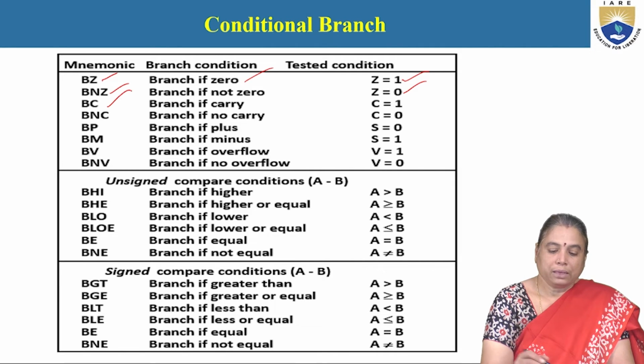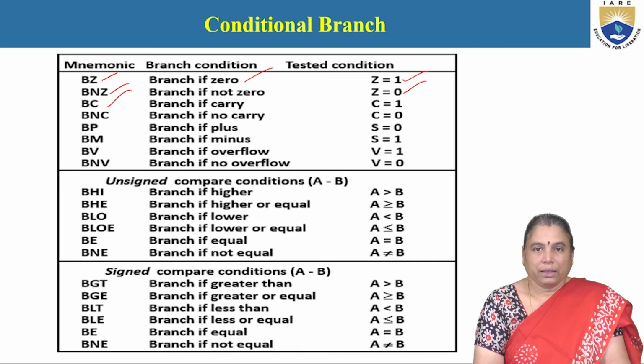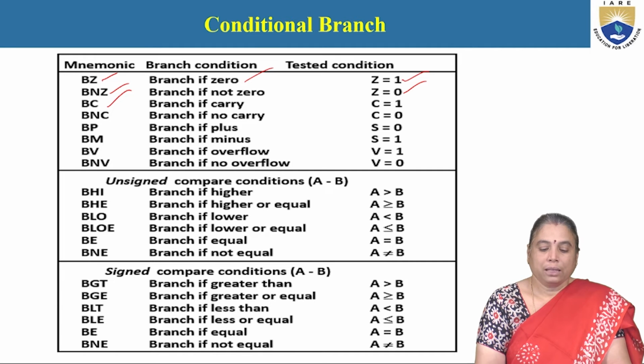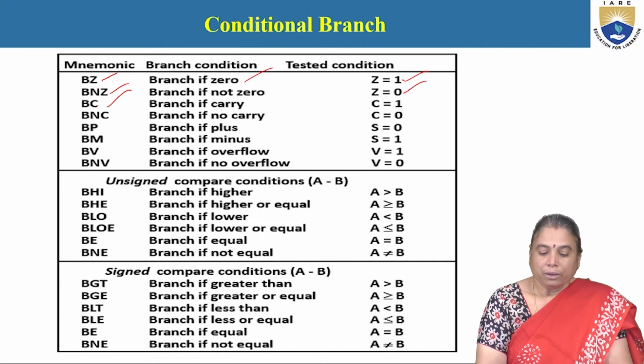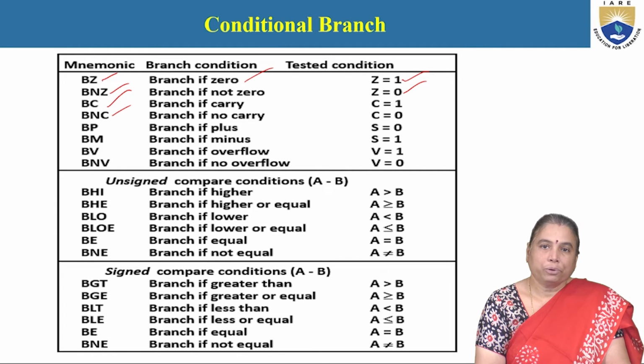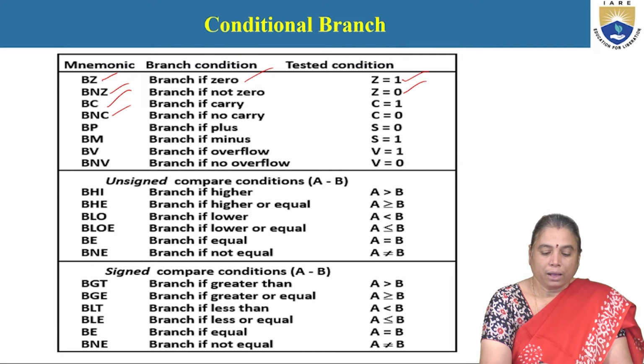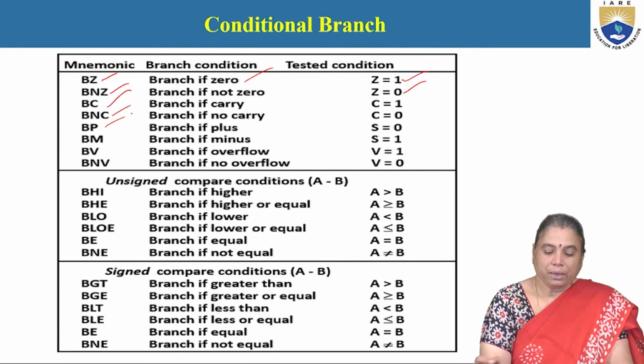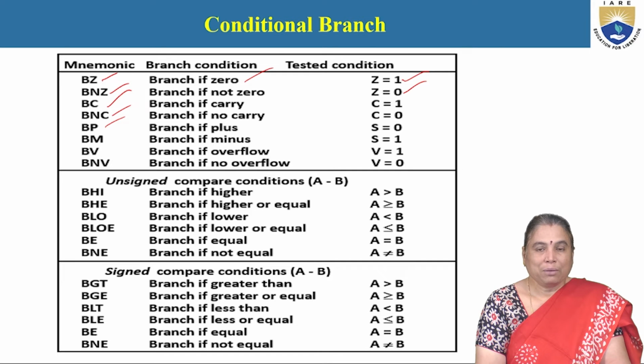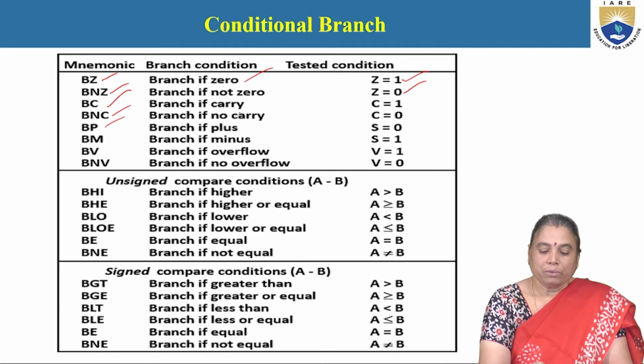Next is BC, branch if carry. When the carry flag is equal to 1, then the branch operation can be performed. Next is BNC, branch if no carry. When the carry flag is equal to 0, then the branch can occur. Next is BP, branch if plus. Depending upon the sign bit, if the sign bit is 0, positive numbers are stored, so only then can the branch take place.